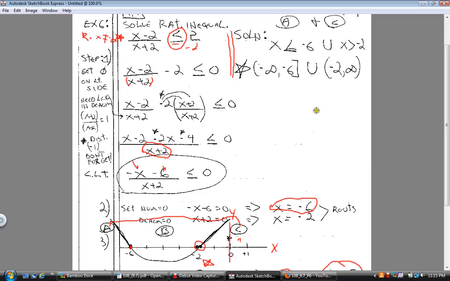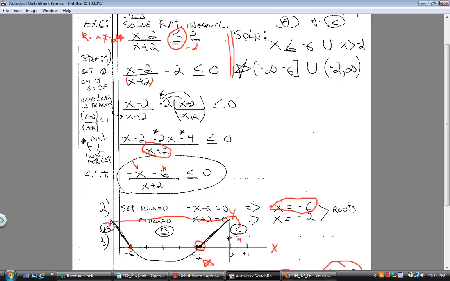Oh, I'm sorry, A and C are your solutions, because when x equals 0 it satisfied the inequality. The A interval is x less than or equal to -6, going out to the left.